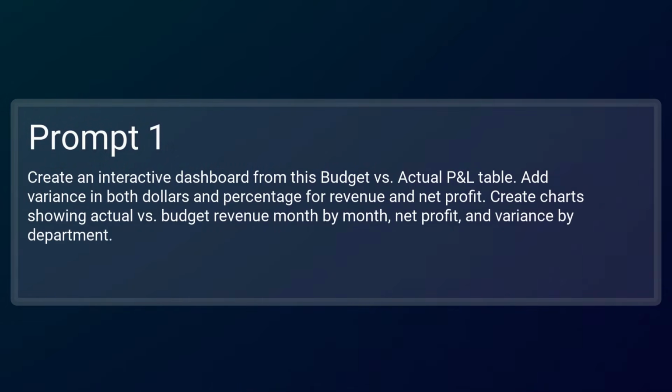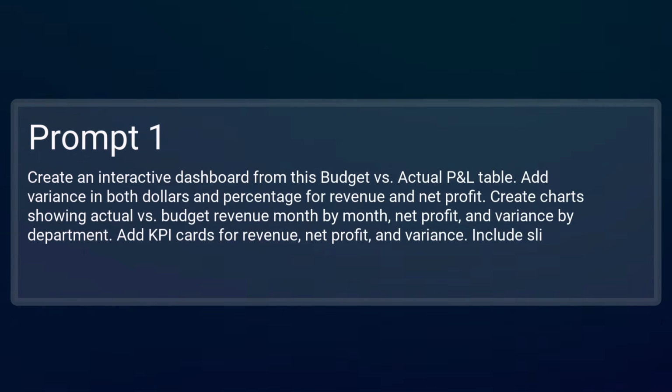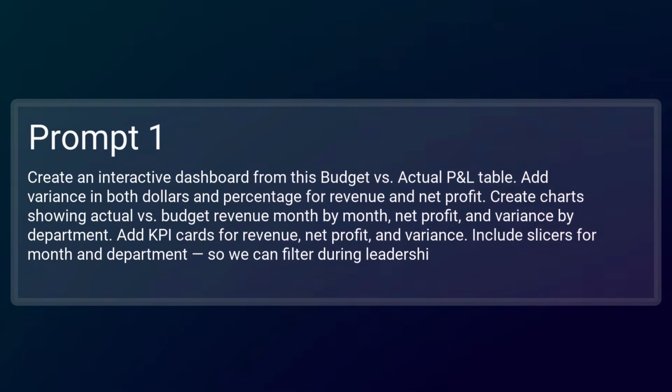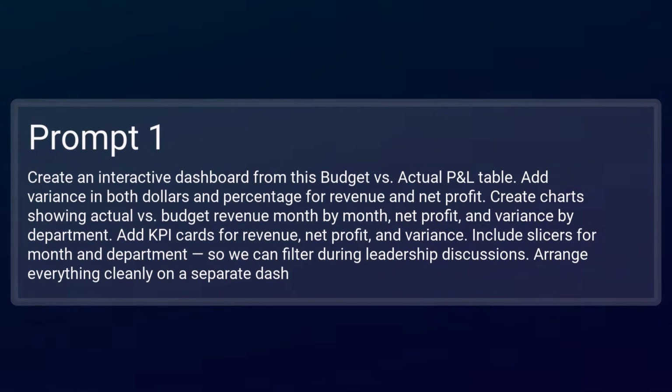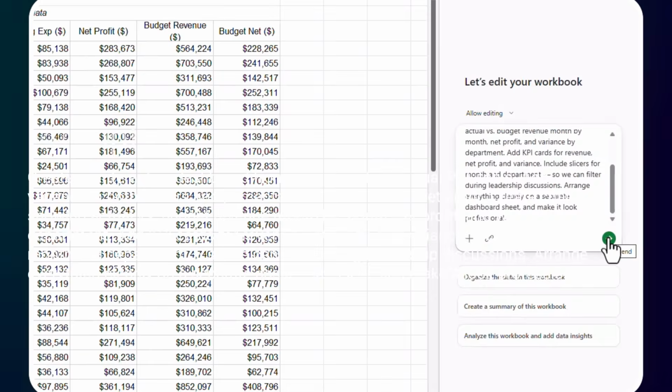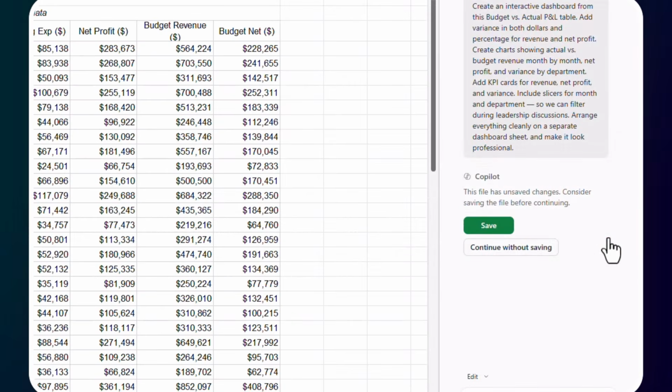Add KPI cards for revenue, net profit and variance. Include slicers for the month and department so that we can filter during leadership discussion. Arrange everything cleanly on a separate dashboard sheet and make it look professional. That's it. One prompt. Let us hit send and watch what happens.